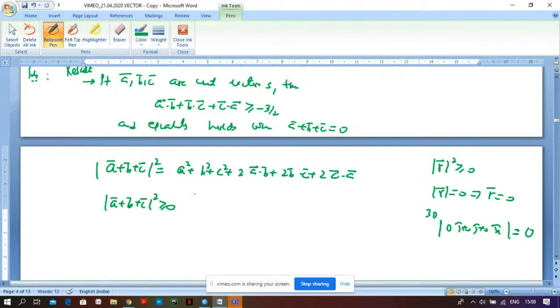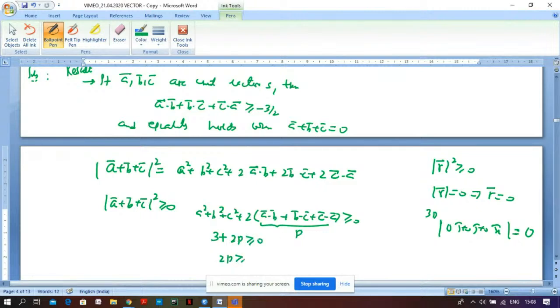This we know. So that means A square, B square, C square plus 2 times A dot B plus B dot C plus C dot A is greater than or equal to 0. So I can write this as 3, because they are unit vectors, plus twice, let's call it some p. So 3 plus 2p is greater than or equal to 0.